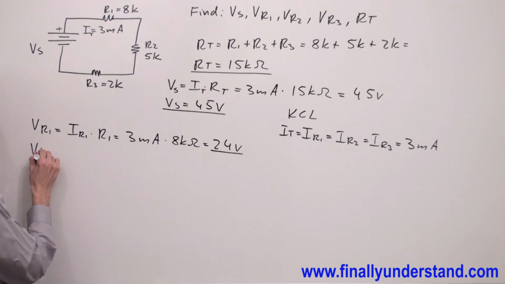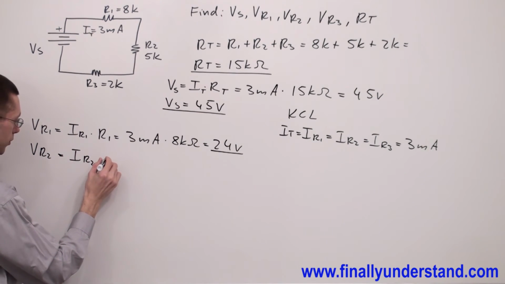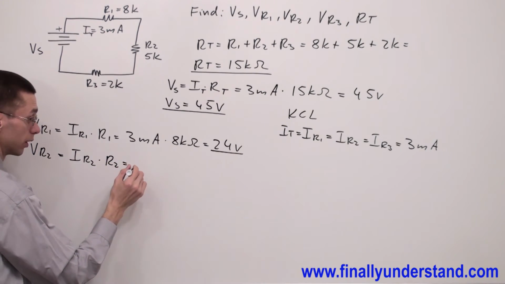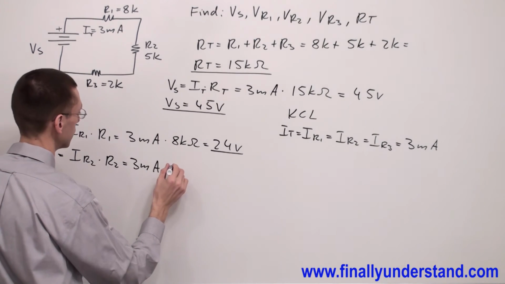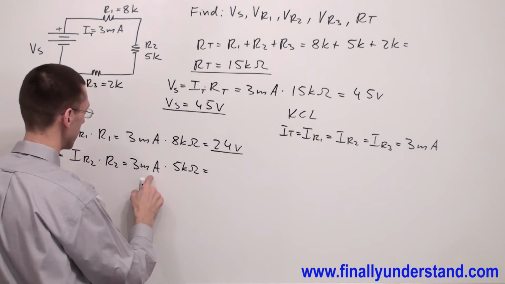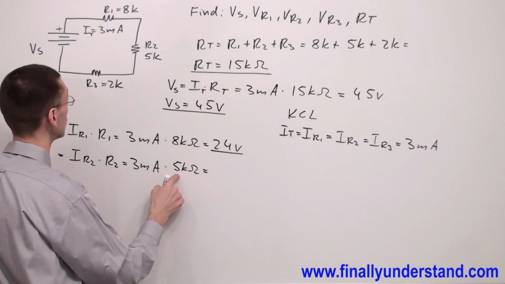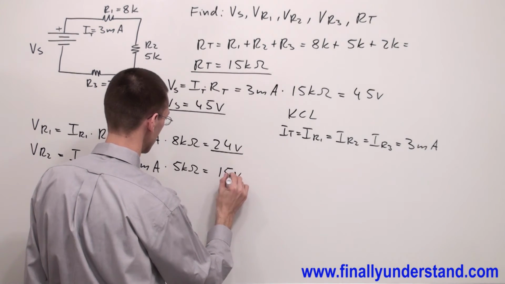Next, we have VR2 equals IR2 times R2, which is equal, again, 3 milliamps times 5 kilohms. 3 milliamps times 5 kilohms is equal 15 volts.